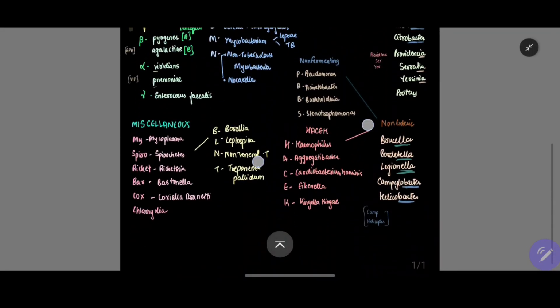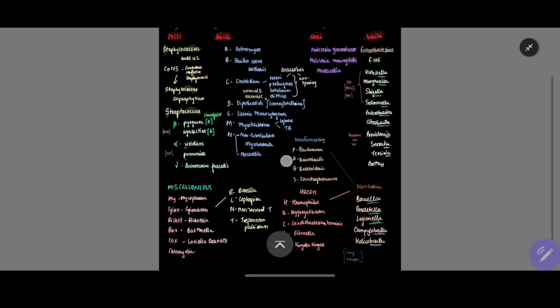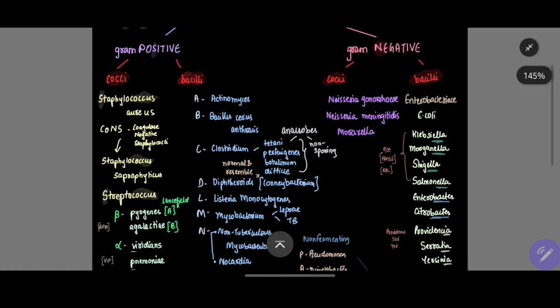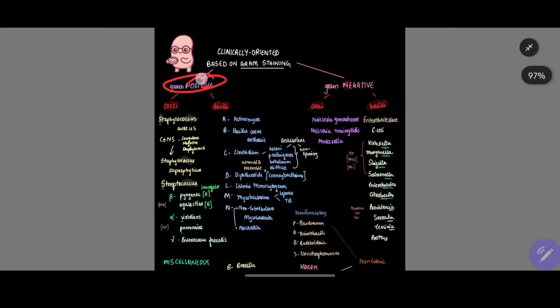I am just going to revise this once more, just give an overview, so that with more repetitions, I hope it helps in retention. So the overview is your gram-positive cocci had coccus in their name, bacilli is ABCDLMN.